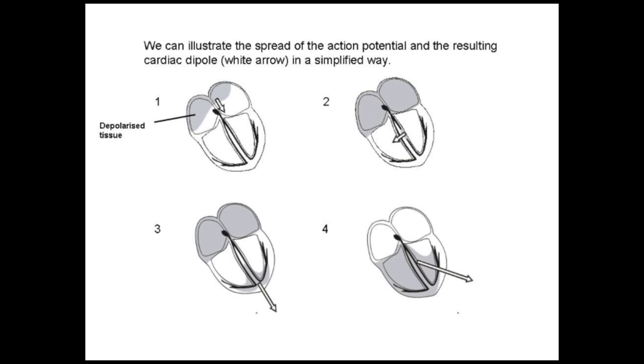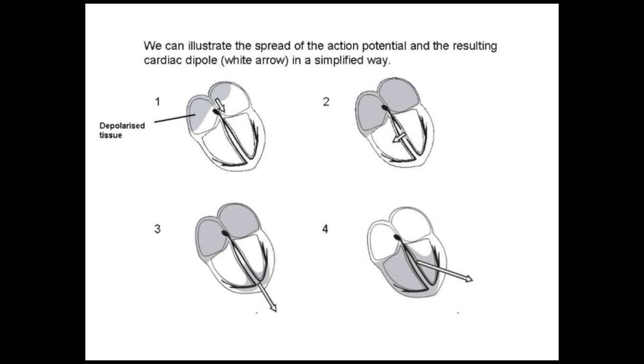at that instant. So the depolarization, or the action potential wave, spreads through the atrium, and when it comes to the atrioventricular node, it delays a little bit, and then it spreads to the His-Purkinje system in the second picture. However, the first tissue that is depolarized is the septum.